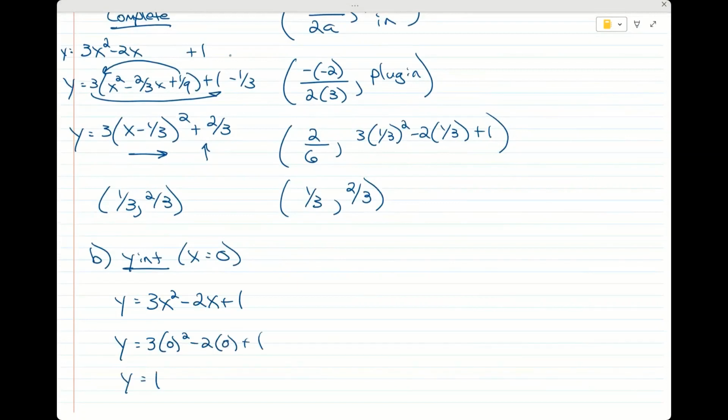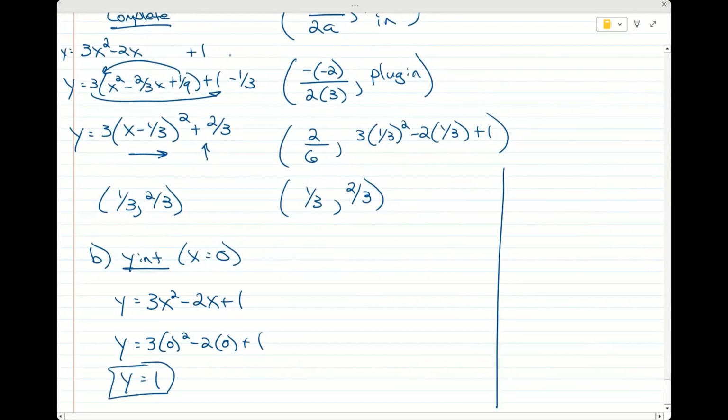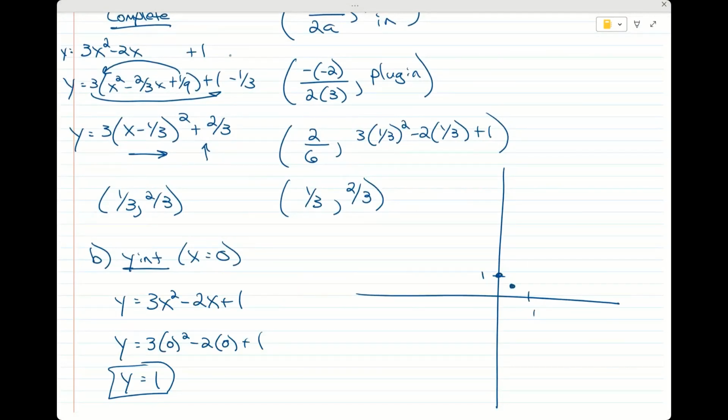So the y-intercept would be 1. I'm going to start graphing this. The y-intercept is 1. I'm going to label it. And the vertex is at 1/3, 2/3, which is maybe over here somewhere.